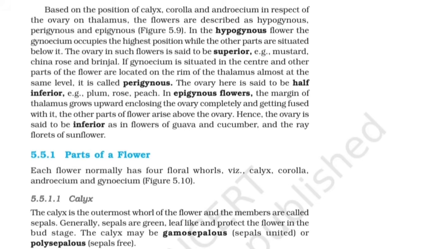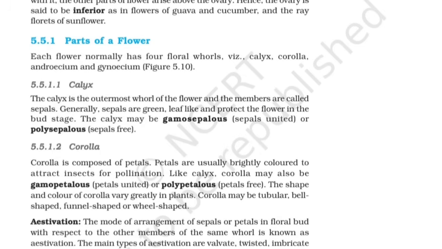The calyx may be gamosepalous, sepals united, or polysepalous, sepals free. Corolla. Corolla is composed of petals. Petals are usually brightly colored to attract insects for pollination. Like calyx, corolla may also be gamopetalous, petals united, or polypetalous, petals free.